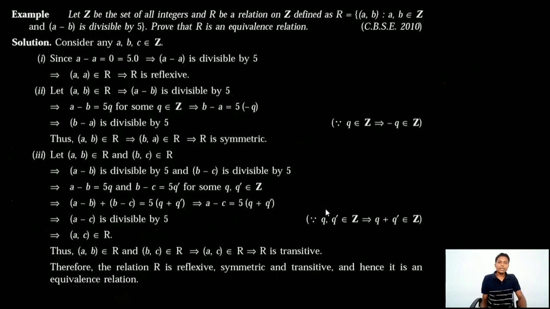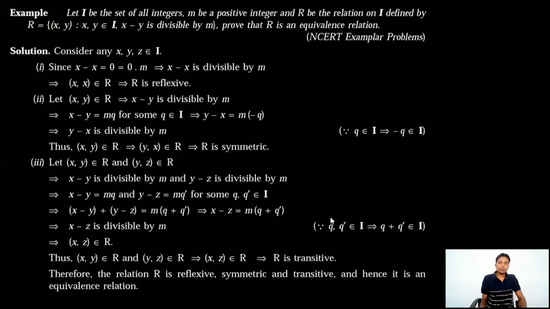This is a very important example. Solve this example. You will have this type of question in many exams, not only your board exam but also in many competitive level exams. Now coming to the next question.